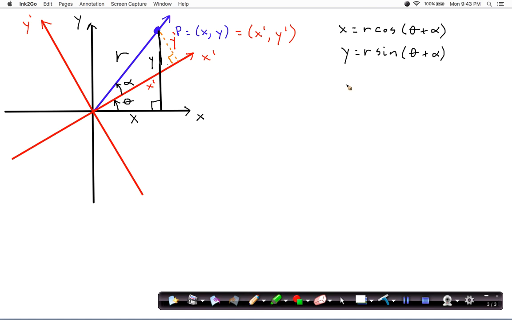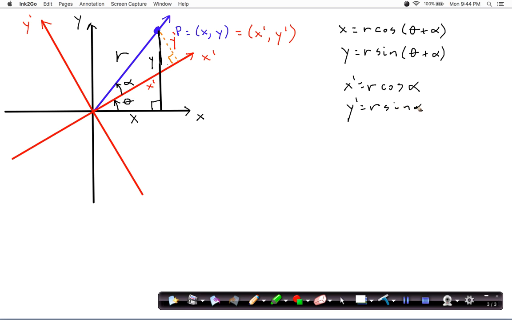Okay, so we have x prime is equal to, it's the same r over here, r times cosine, but this time you could see the angle over here is just alpha. So we could write that down over here, alpha. For y prime over here, we have y prime is equal to r sine alpha.